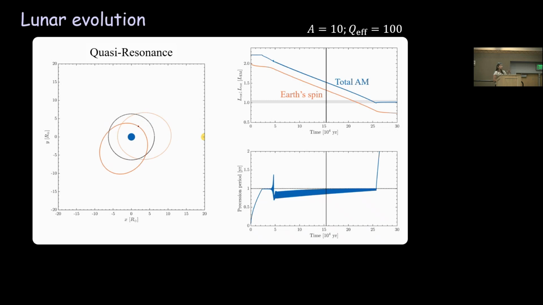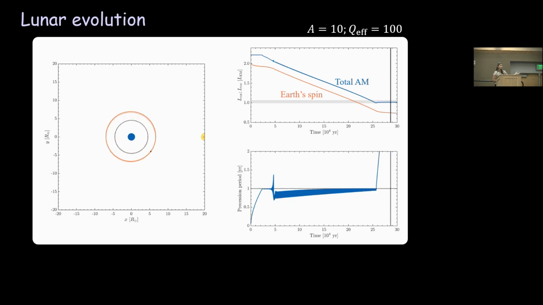The semi-major axis now decreases, eccentricity decreases, and the moon is going to pass evection, this dashed line, one more time, and its further evolution is going to occur with constant angular momentum.